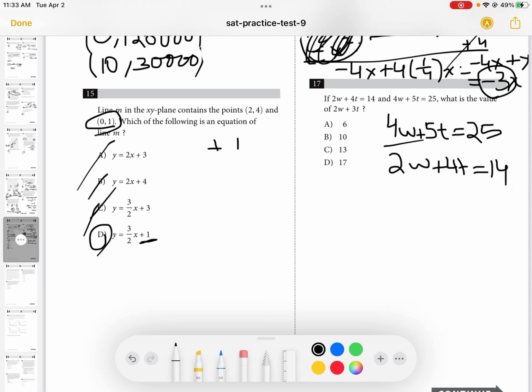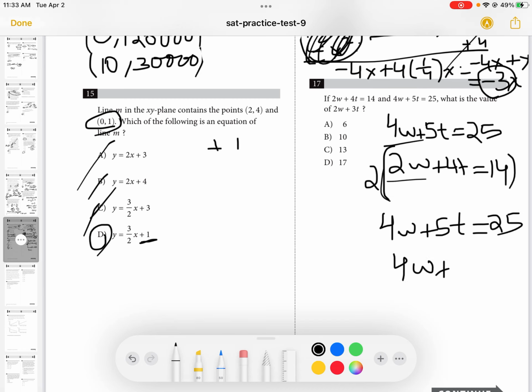Notice how 4w and 2w are multiples of each other. 2w times 2 is 4w. So that means we can multiply this equation by 2 and subtract the two equations to solve for just t. So we get 4w plus 5t equals 25, and 4w plus 8t equals 14 times 2, which is 28.